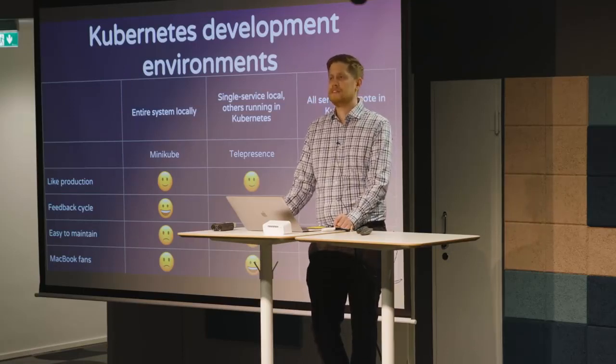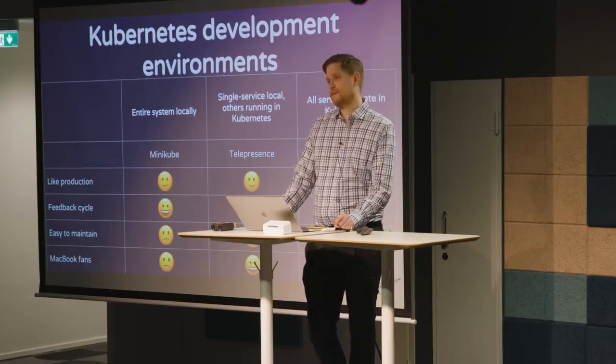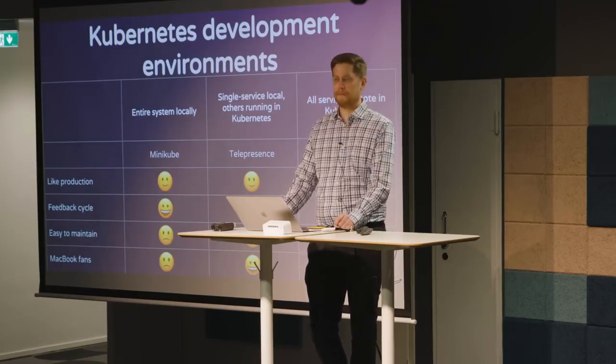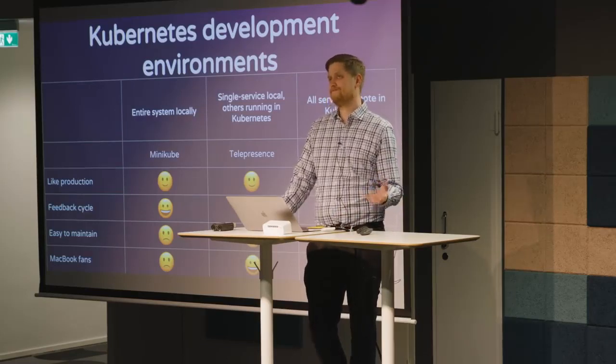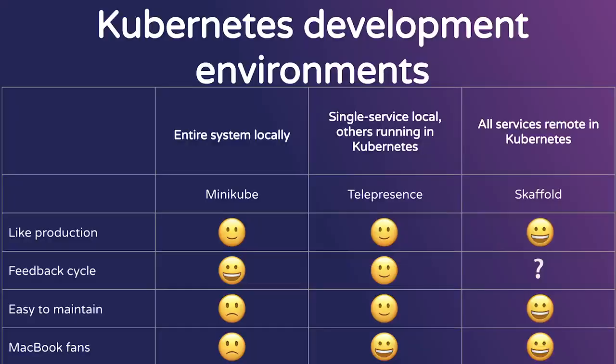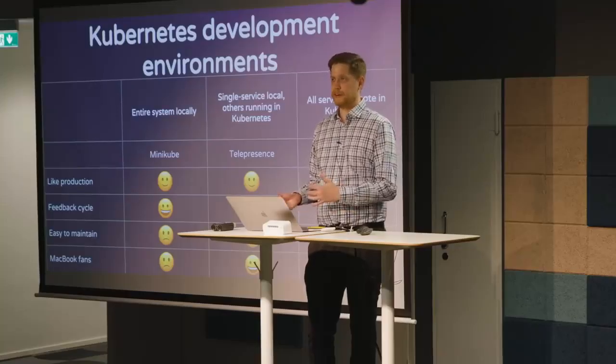Actually, I have the wrong emoji there, but it's not quite like production, because while it's running on Kubernetes, it's a very different cluster than the one you are using. Still probably better than using Docker Compose though. Feedback cycle could be really good with that, because you can mount, for example, your local folders to the Minikube instance.